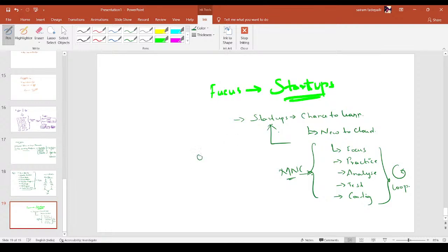Startup means not a 0 to 2 year old startup. At least 6 to 7 year old startups. You may wonder how you can call 6 to 7 year old companies startups. Yes, many of them are not in a very profitable zone in the corporate field, so we can consider them startups. You can even consider up to 5 years.